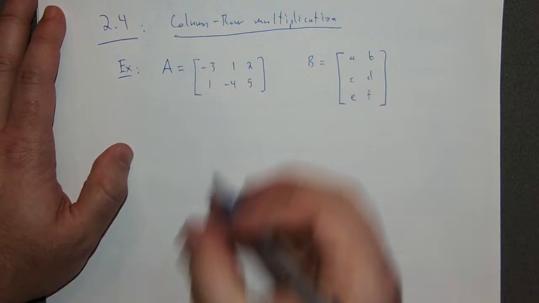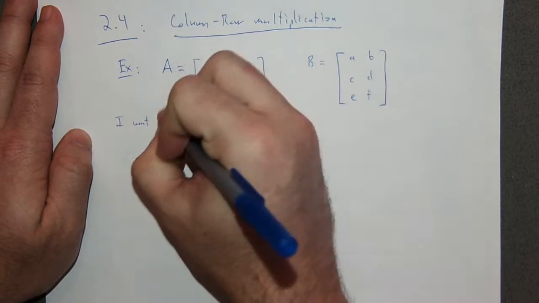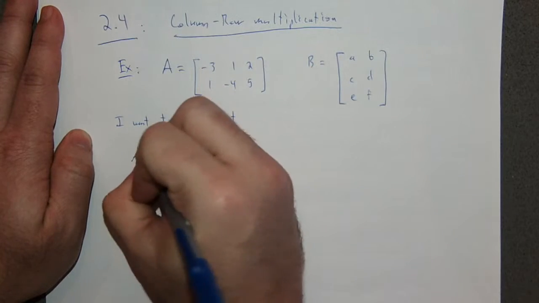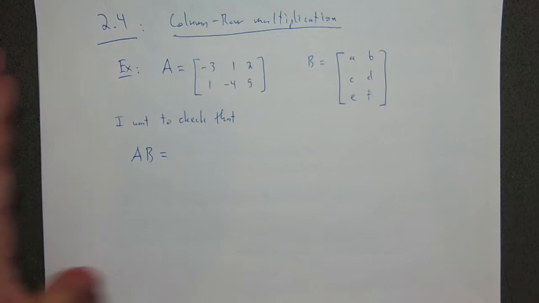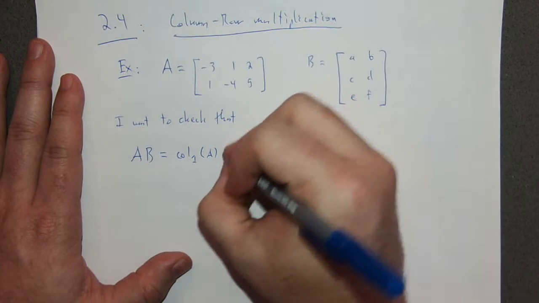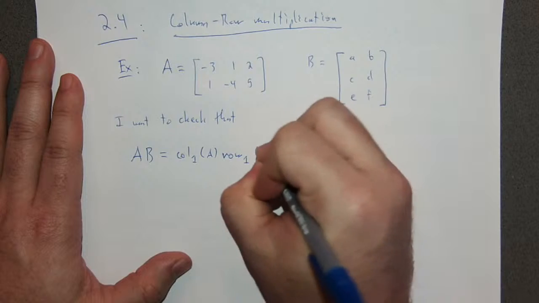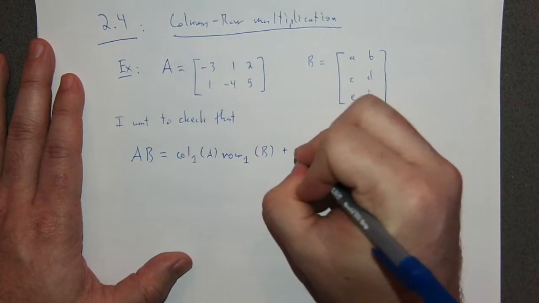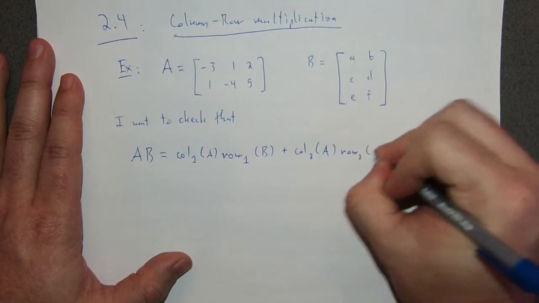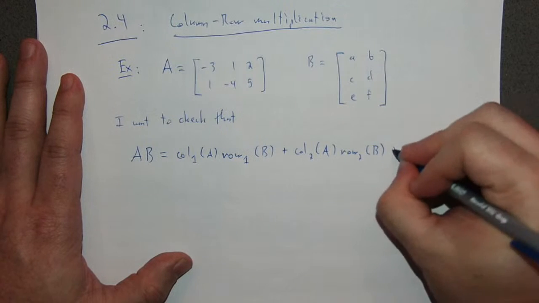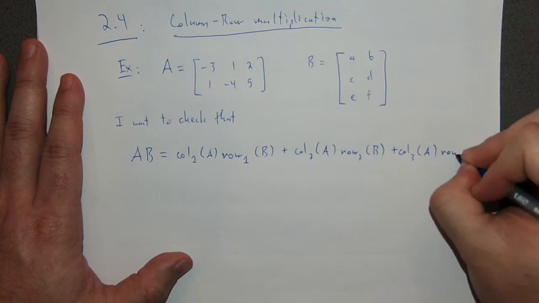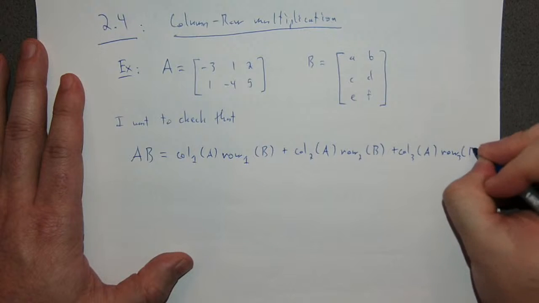I want to check that the product AB can be thought of as column 1 of A times row 1 of B, plus column 2 of A times row 2 of B, plus column 3 of A times row 3 of B.